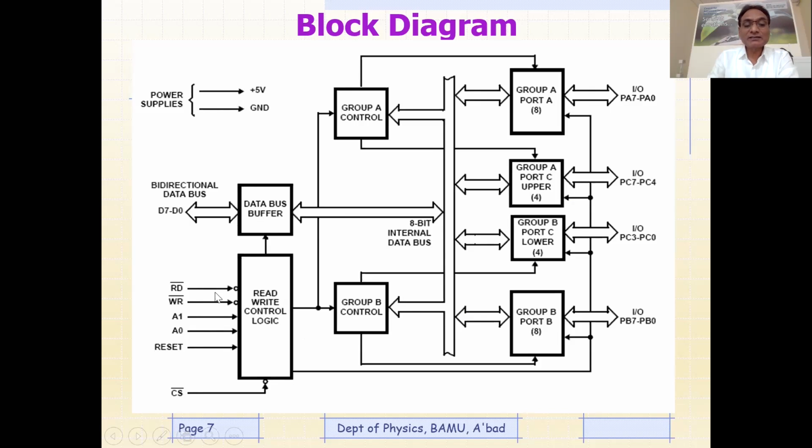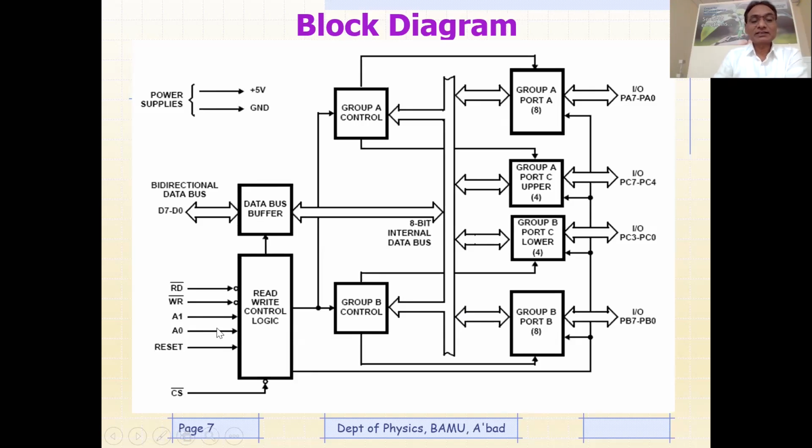Another block is the read write control logic. It has RD bar and WR bar, which are active low. If you want to read data, you have to activate the RD bar signal, and if you want to write, you need to send an active low signal at WR bar.